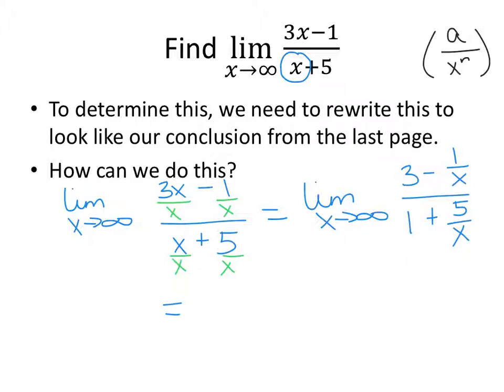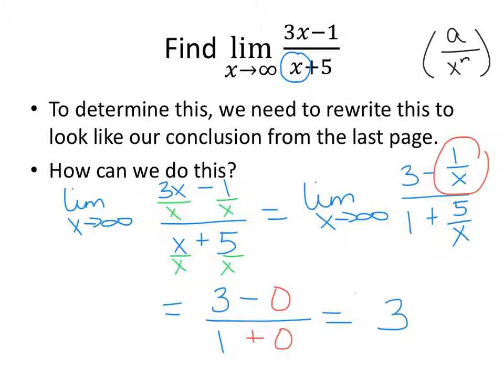The limit as x approaches infinity of 3 is just 3. The limit as x approaches infinity of 1 over x, that's what we just learned. We said, oh, that's got to be 0. Divided by the limit as x approaches infinity of 1, which is just 1. The limit as x approaches infinity of 5 over x, that's 0. So this limit is just equal to 3.